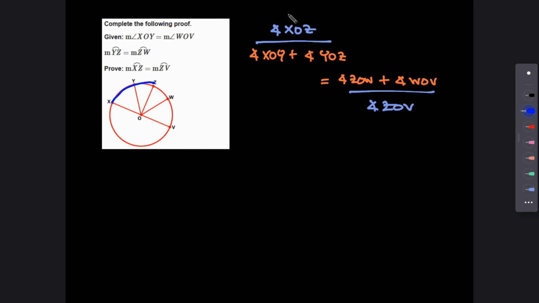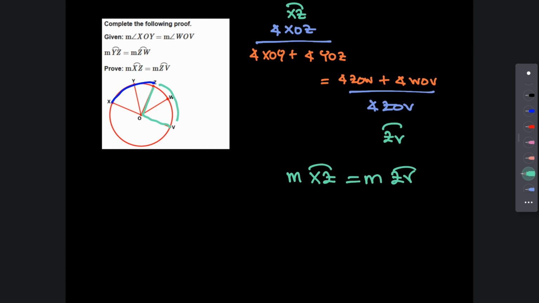So this is basically arc XC, right? And COB is basically this, so this is arc CB. So we just established that the measurement of arc XC is equal to the measurement of arc CB.